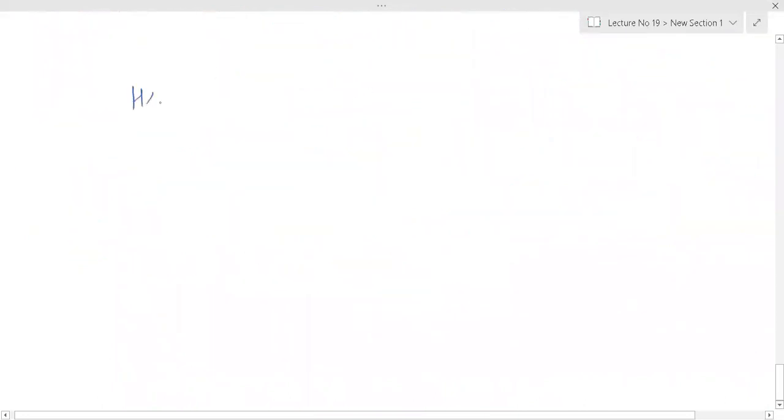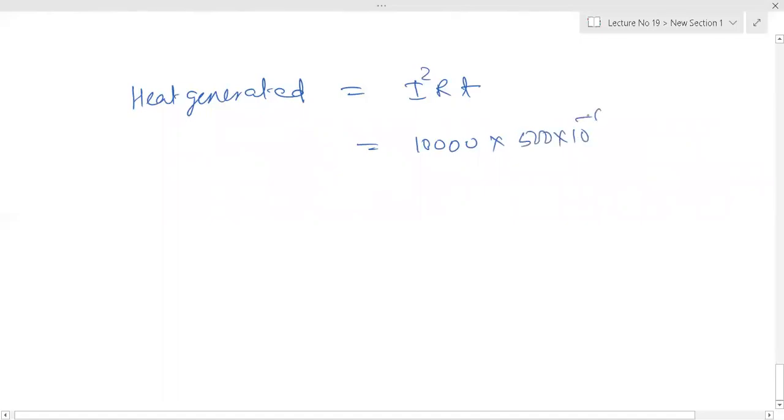So first you calculate heat generated. That will be equal to I square R T. So I is 10,000, right? I is 10,000. And resistance is 5 into 10 raised to the power minus 6, that is in micro, and duration is 0.01.